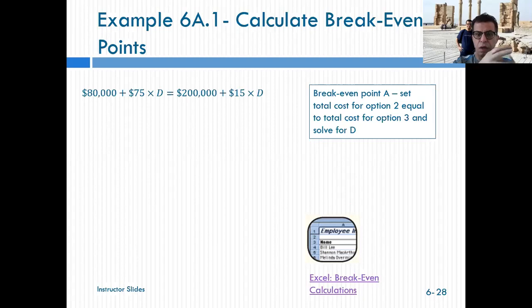Now, semi-processed equipment costs $80,000 and each unit costs $75. Now, you compare it with the full option, which costs you $200,000 and each unit $15. So you look at option two and option three.